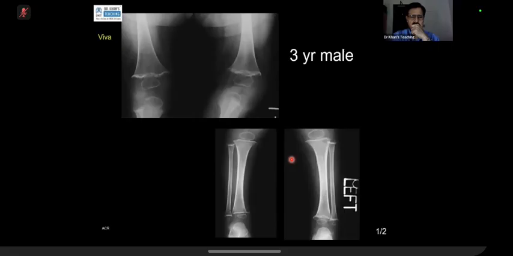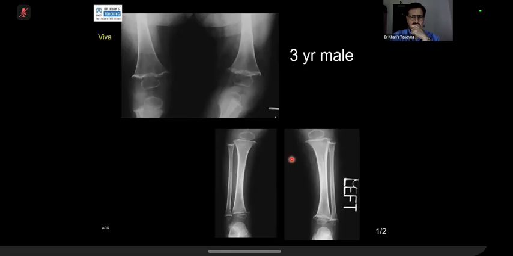There's also thickening of the distal femoral metaphysis, giving a Trümmerfeld zone adjacent to the Frankel line, with a lucent area.